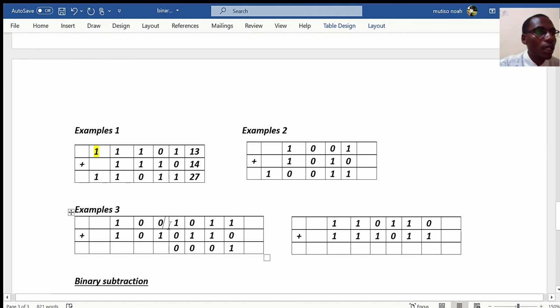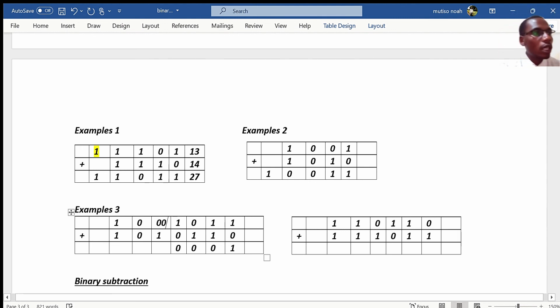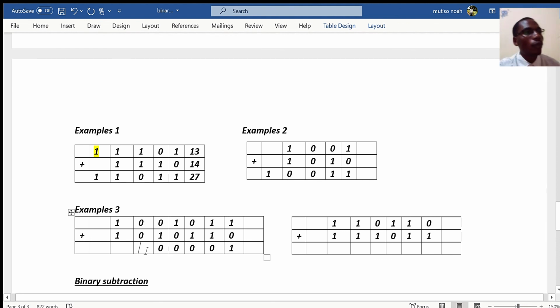You carried 1 here. 1 plus 1 again should be 0, carry 1. The 1 is brought here. 1 plus 0 plus 0 should give you a 1. And then 1 plus 1 is 0, carry out 1, which will be an extra bit in that addition.